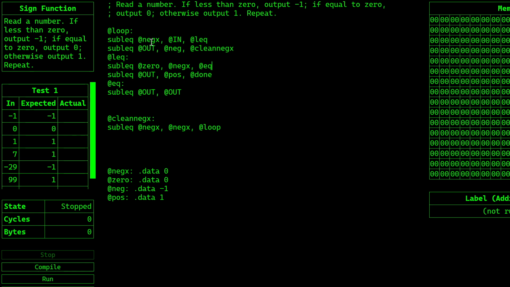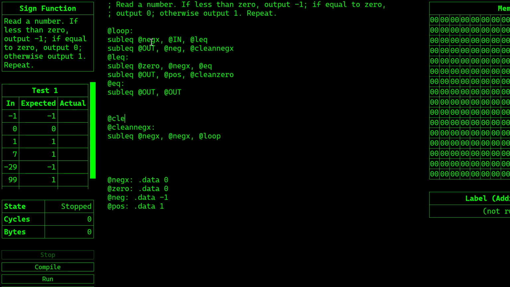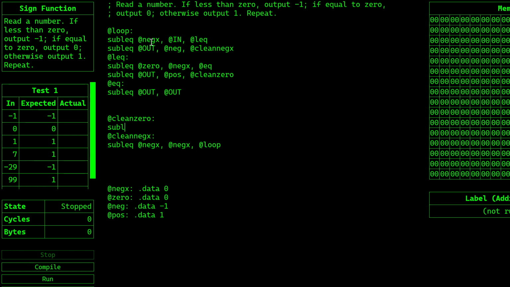If we got here, we need to clean up 0 as well. Clean 0: subleak of 0, 0, and it'll carry on to clean neg x. I think those are the only two things we ever overwrite. So this should be it?